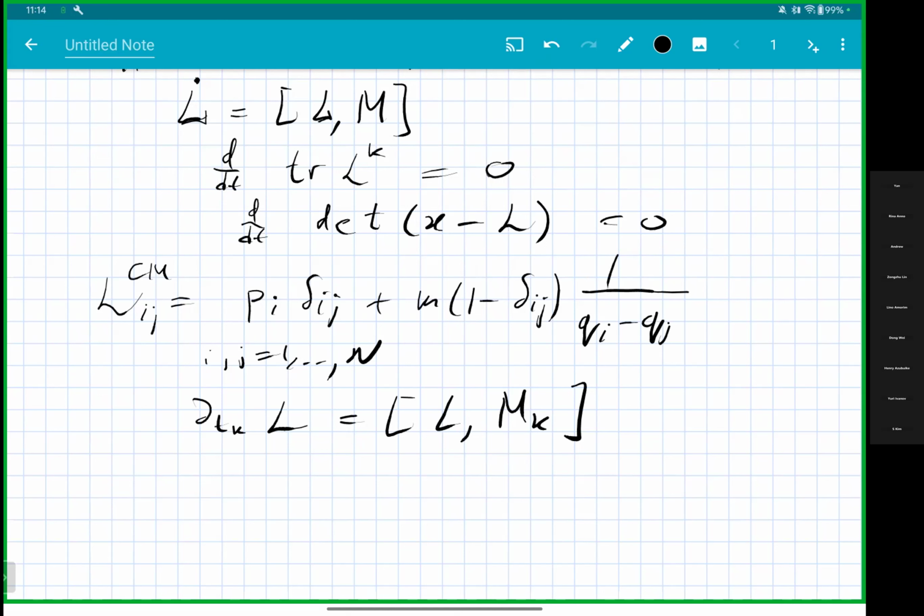The point is that if you're given some M capital, you can write down a differential equation looking for another matrix L, which depends in the simplest case on time. You know, it's commutators in the matrix form, right? Yes, and then indeed there is an easy computation due to Lax that the spectrum of L is preserved along this flow.